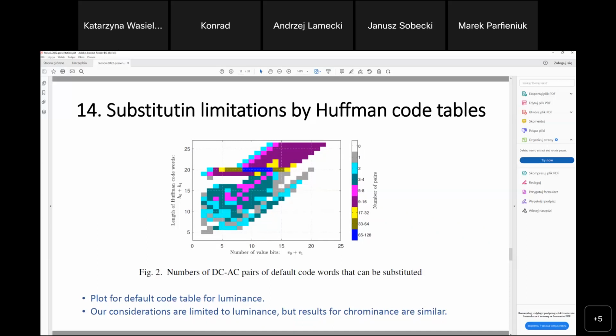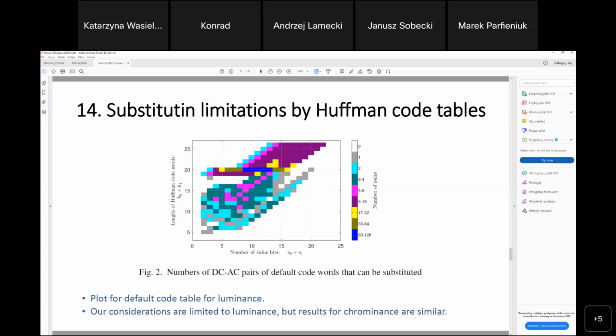Each substitutive group has two parameters: length of Huffman code words and number of value bits. And the color represents how many substitutes occur in a group related to a particular combination of length of Huffman code words and number of value bits. This plot seems to be dense.